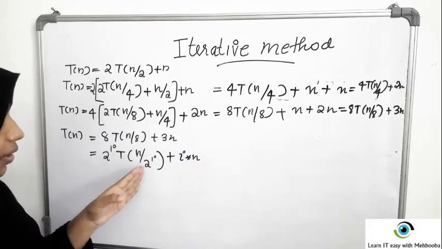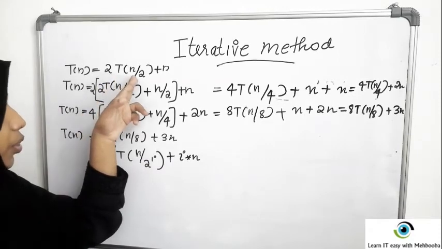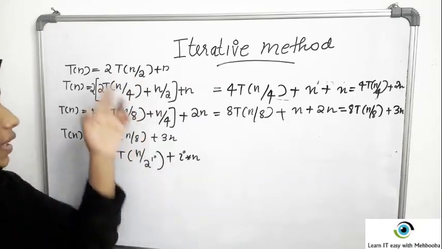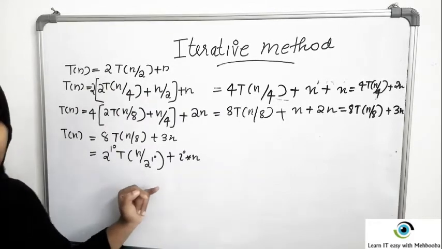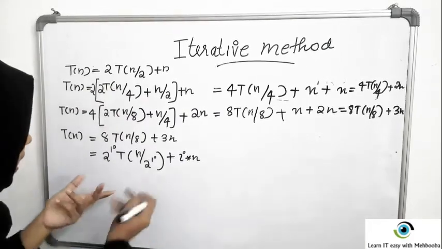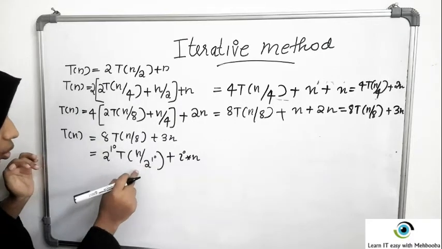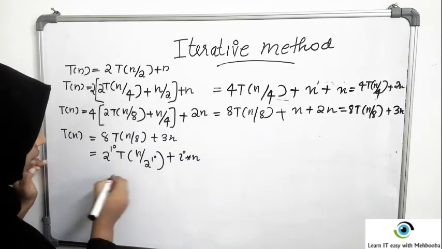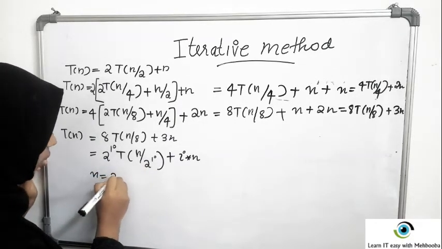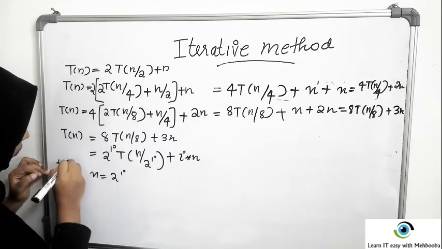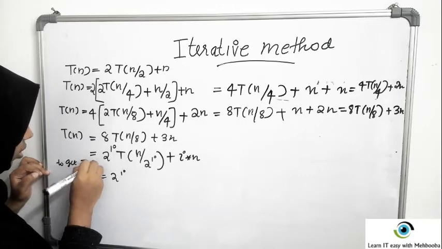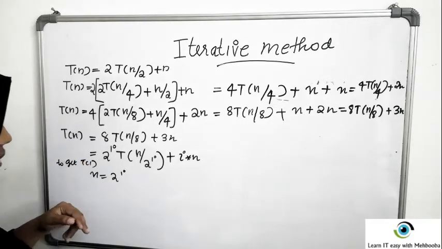But when it is division, that is T of n is equal to 2T of n by 2 and so on, where the term on T is getting divided, you have to somehow make it 1. So in this case, if you want to make this T of 1, n should be equal to 2 raised to i.